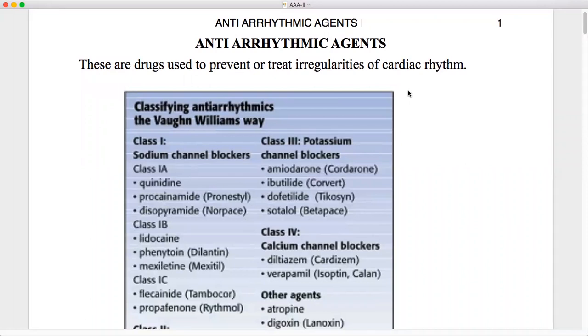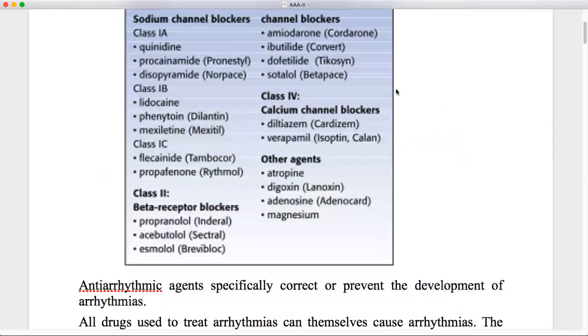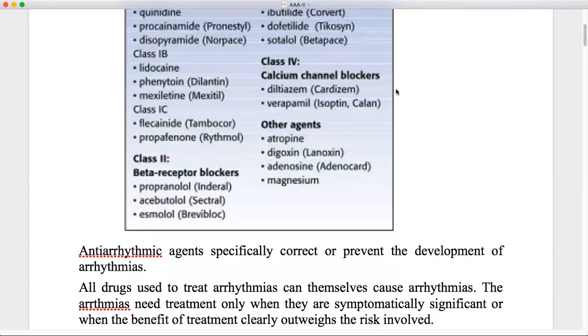We know that antiarrhythmic agents are nothing but the drugs which are used to prevent or treat irregularities of the cardiac rhythm. Okay. So in the last class we discussed the various criteria to be followed to declare a heart as following a normal cardiac rhythm, and based on that, what the various arrhythmias are.